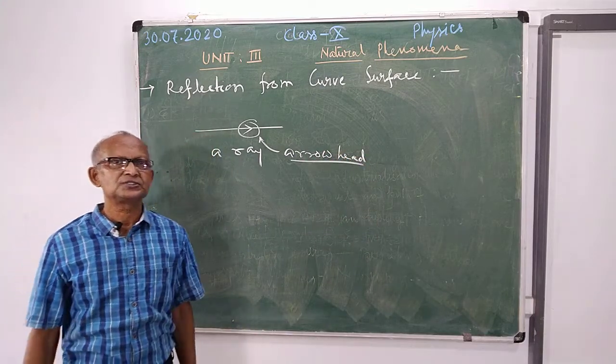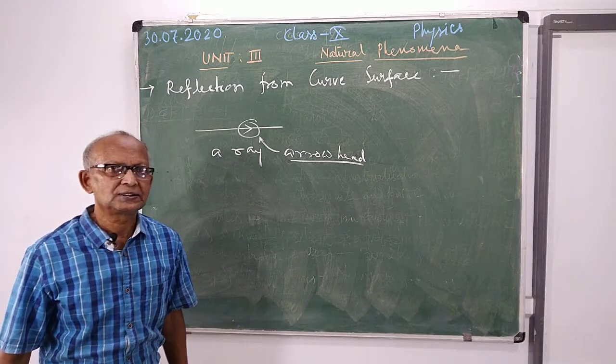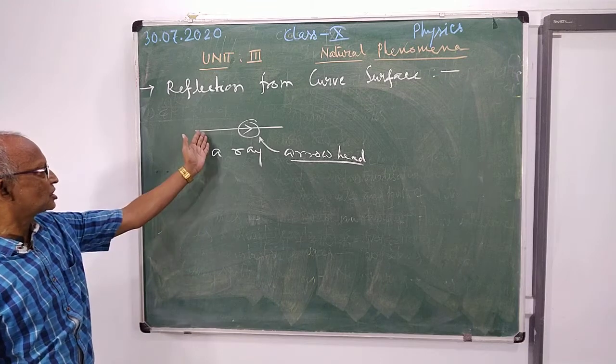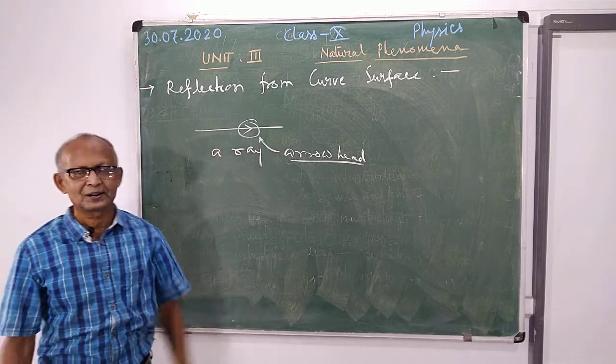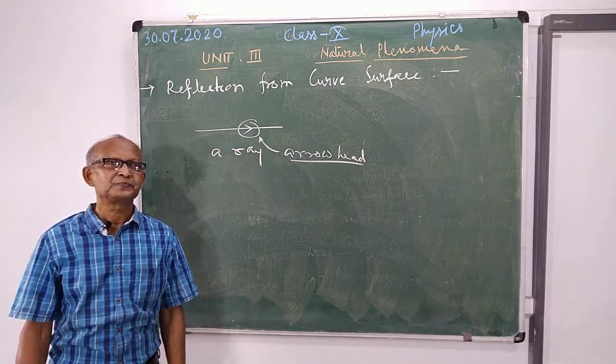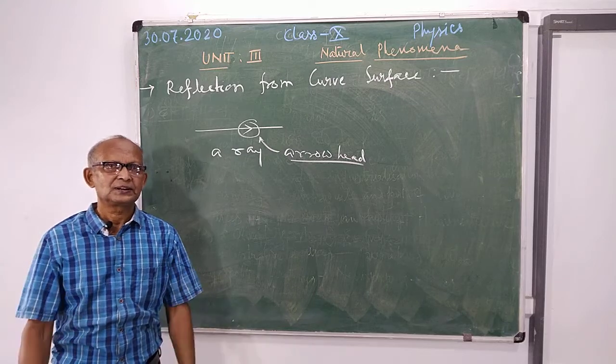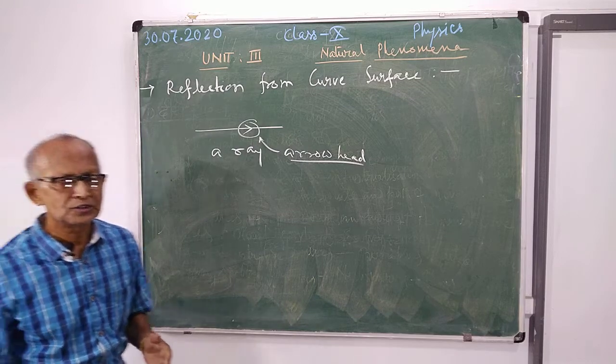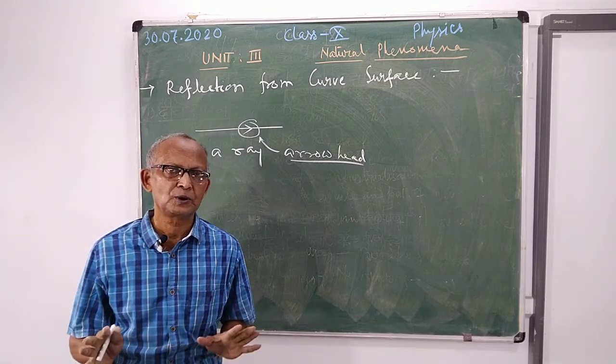The arrowhead is essential to indicate the direction of propagation of light. In this figure, the ray is traveling from left to right. By the way, we shall try to follow the ray diagrams, drawing incident rays always from left to right. No problem?